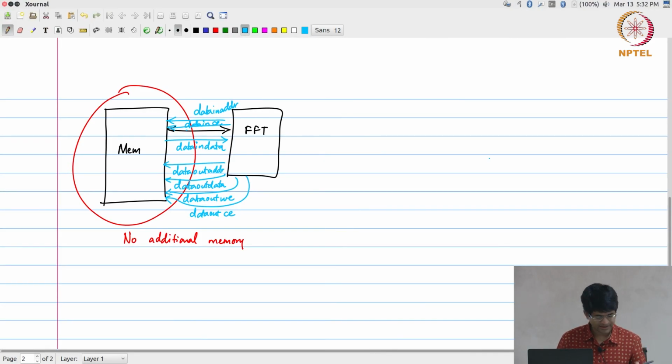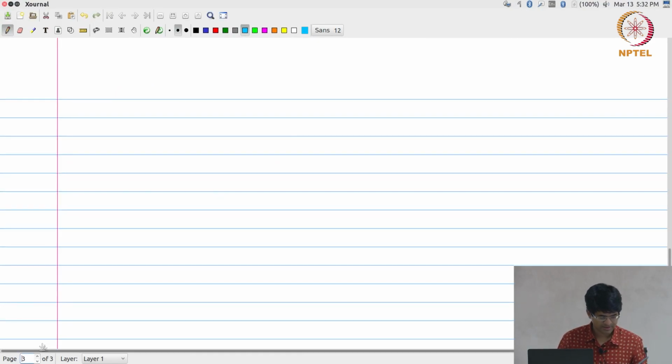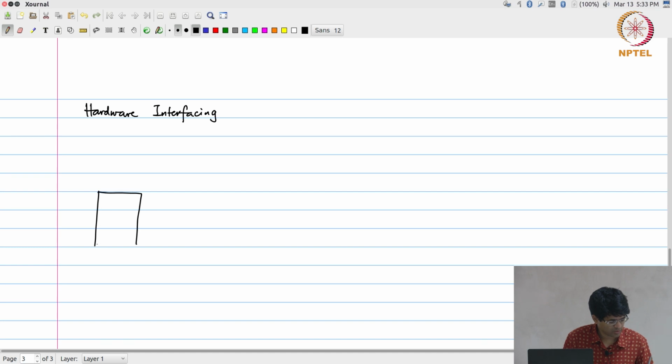The next thing that I am going to do now is to go in briefly into how you would interface this with hardware. I already sort of gave a brief picture for what we are looking at. I have a CPU.